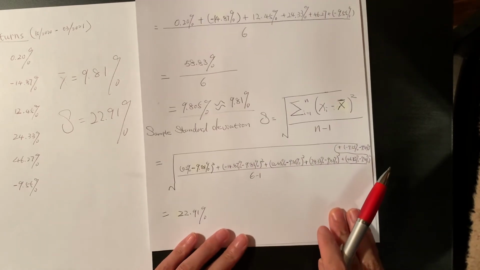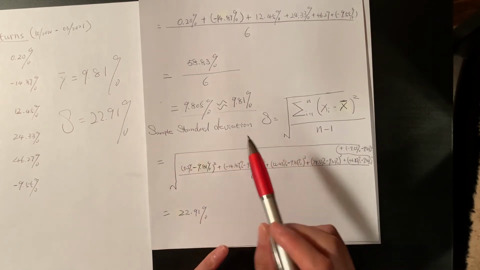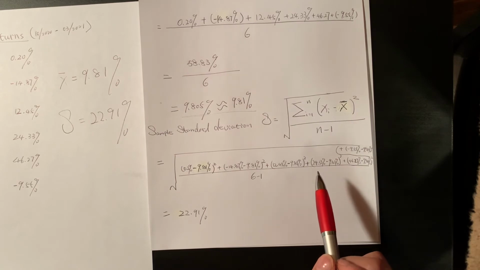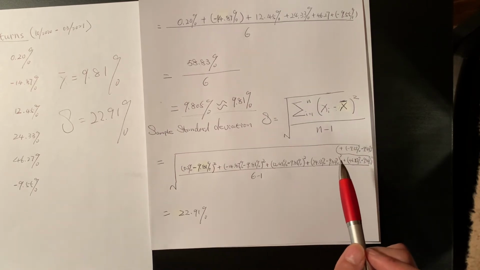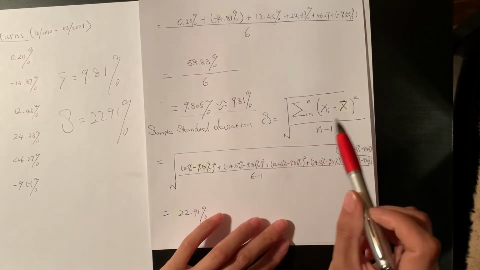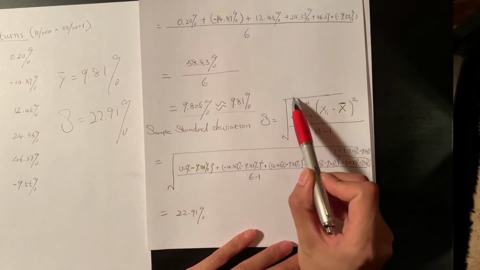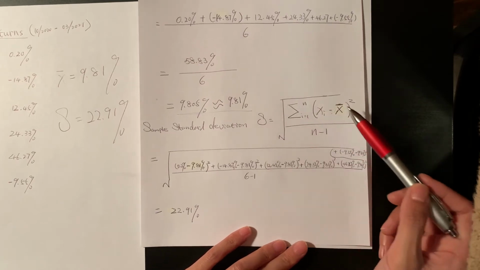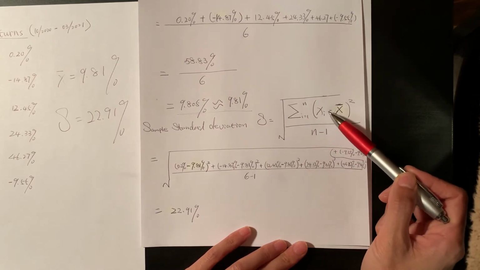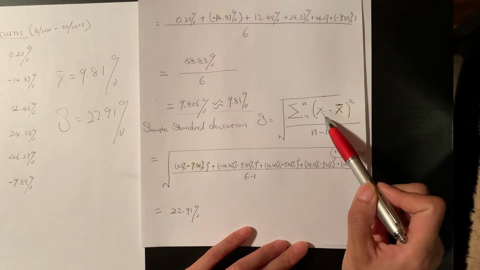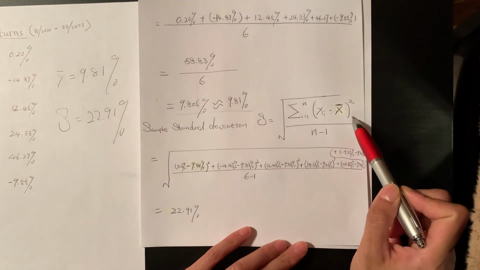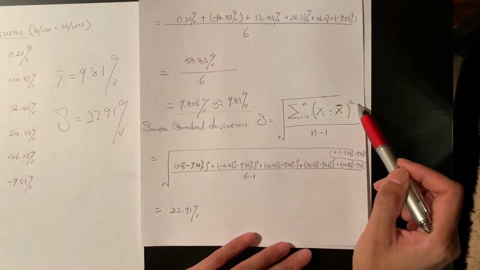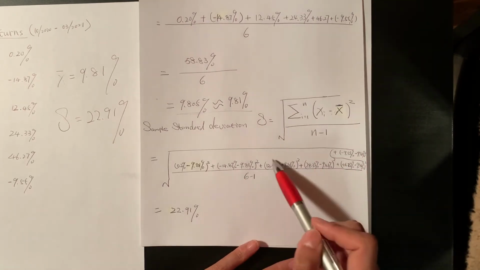Then you can do the standard deviation. This is a sample standard deviation because we cannot get the whole population of returns. So we use the sample standard deviation formula. Basically it is the difference of each return from the mean, then you square it, then you add them together.